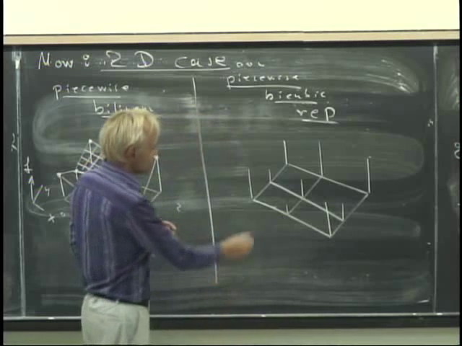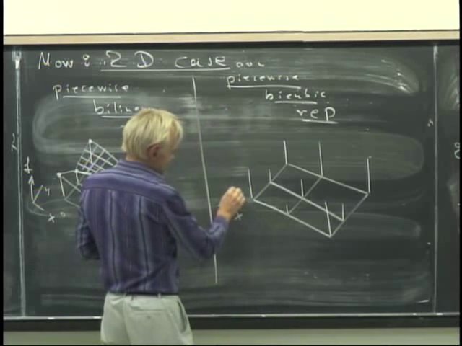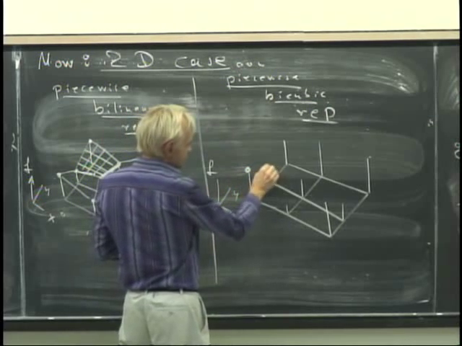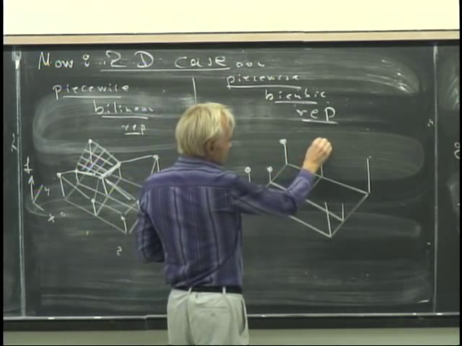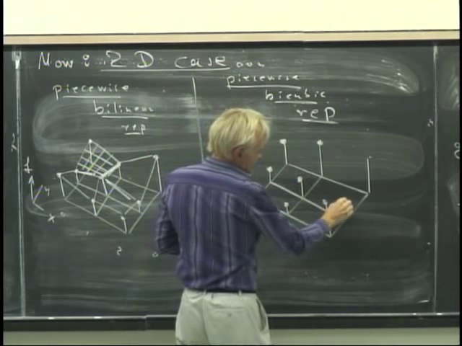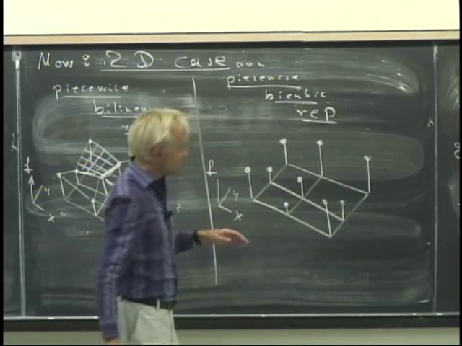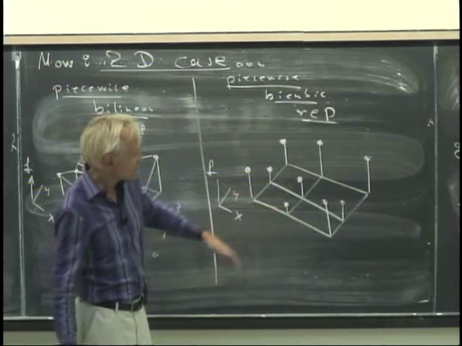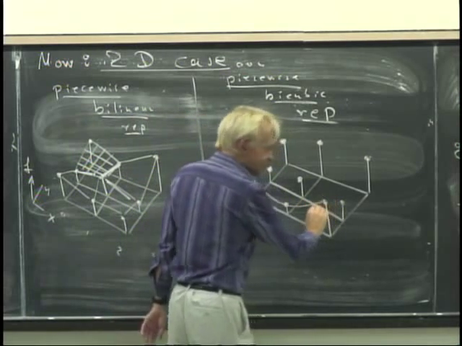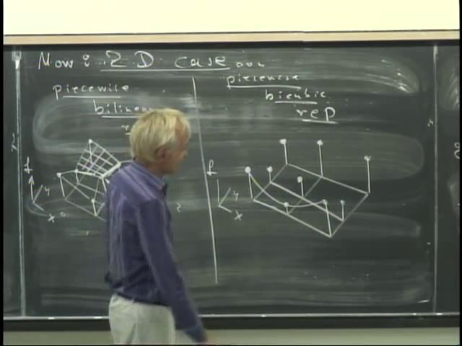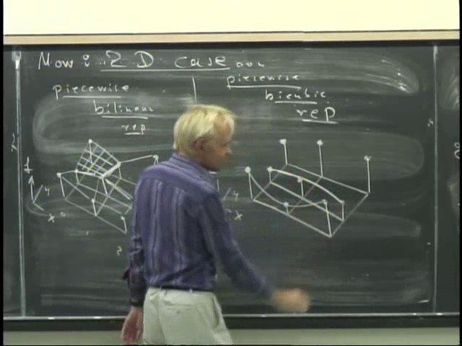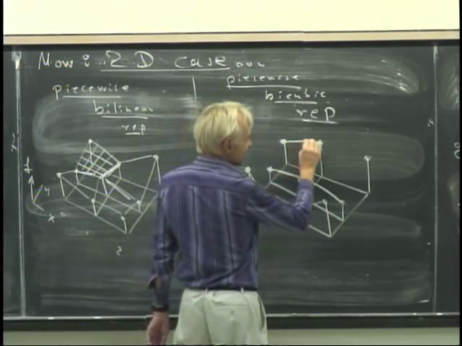Okay, for this data, again, x, y, f going up, would be continuous in the slope. So for that row of function values, there will be a curve like that. For that row of function values, there will be a curve like that.